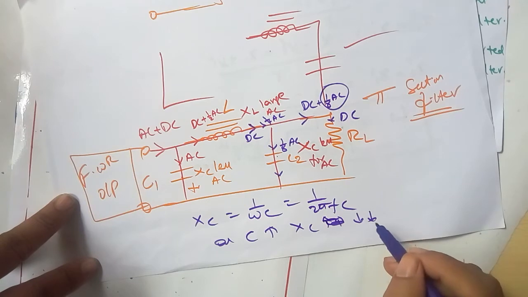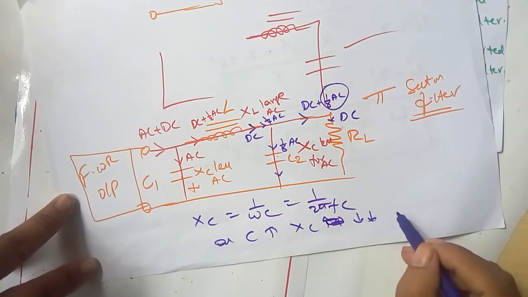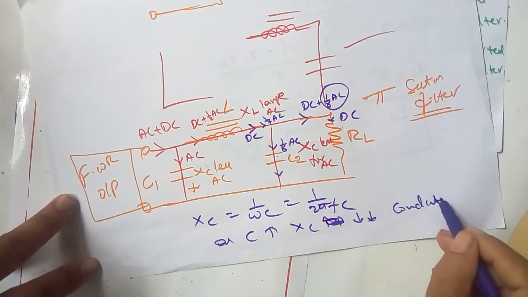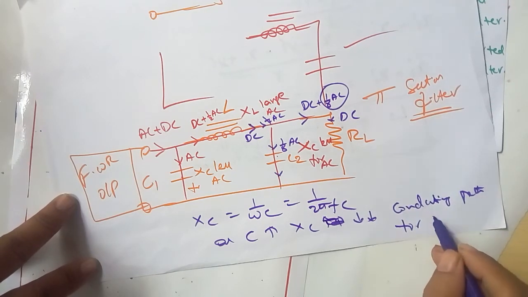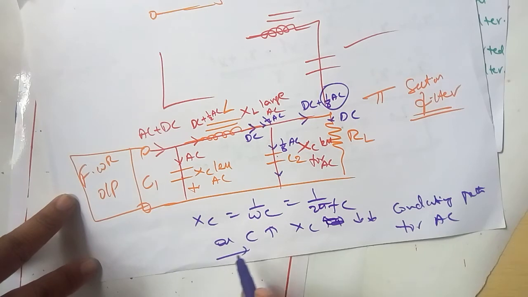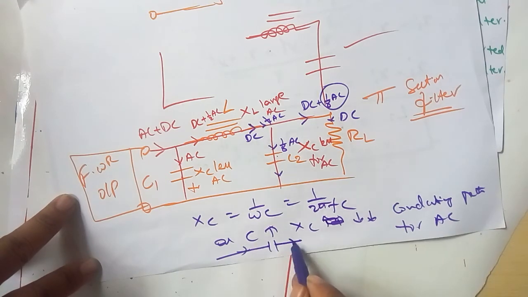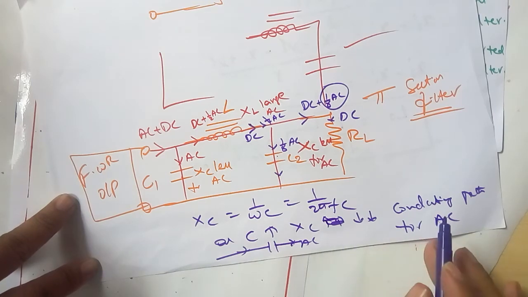As XC is very less, it gives a conducting path for AC. So that's why AC is flowing through the capacitor, but DC does not flow.